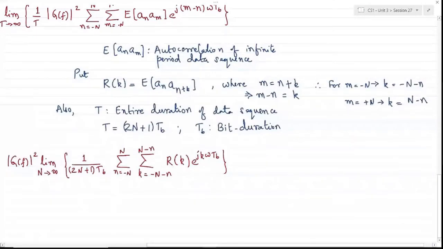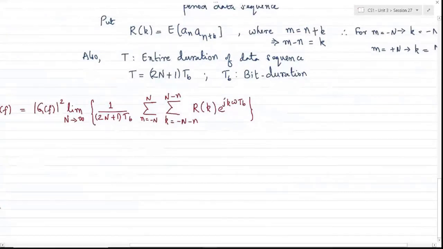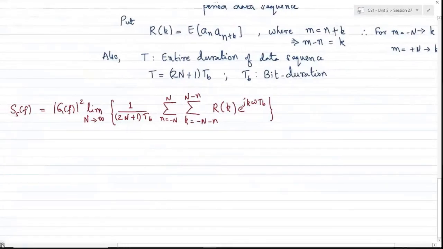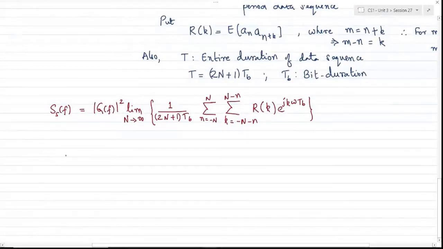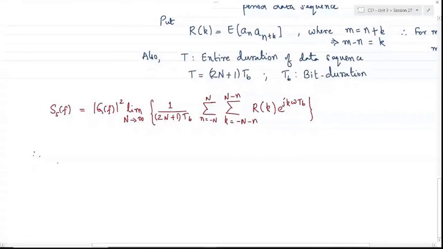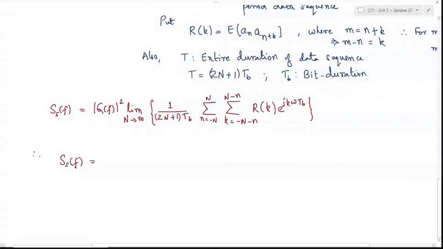This will help me write in a crisp form, and will be helpful in finding the power spectral density of any given line code. So finally, power spectral density is nothing but G of f the whole square.